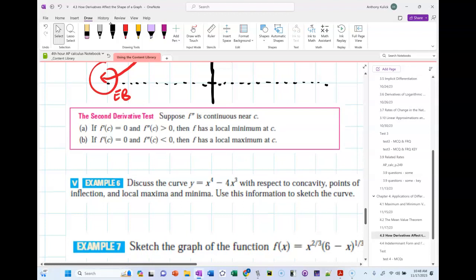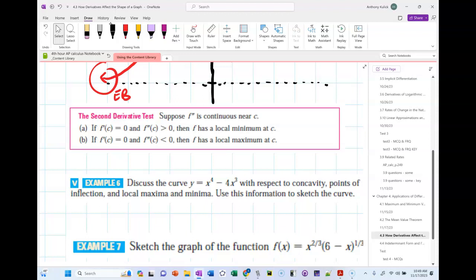In addition to concavity, the second derivative can also, in conjunction with the first derivative, tell us if something is a local min or a max. Assuming that the second derivative is continuous near C, it doesn't need to be continuous everywhere, if the first derivative is 0 and the second derivative is positive, that means we have a minimum.